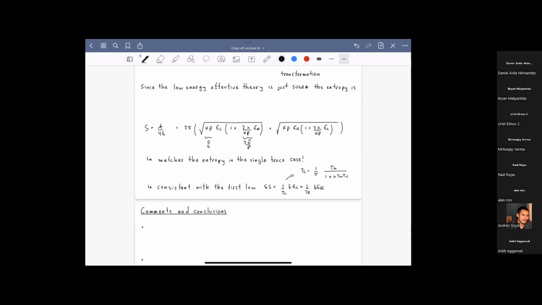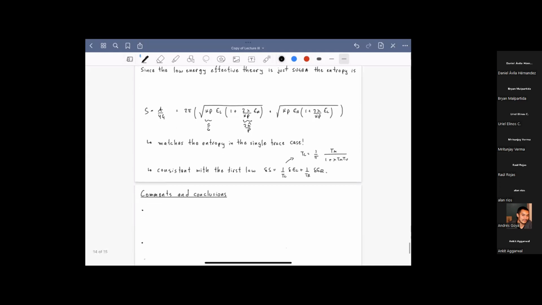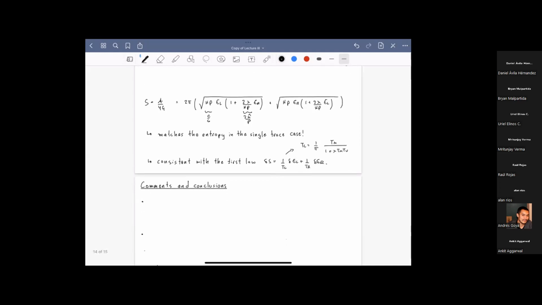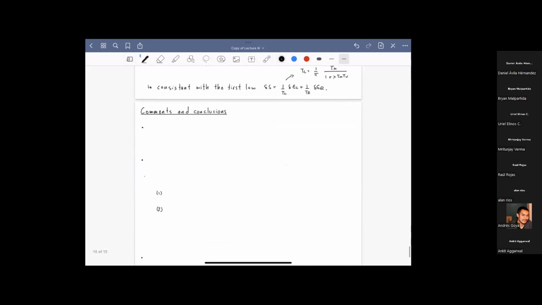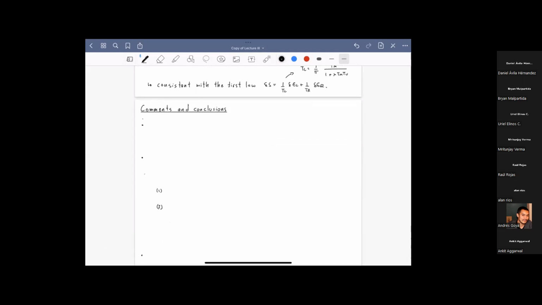Okay, so let me now give you some additional comments and conclusions. The first comment is to stress that the matching of the spectrum with single trace TTbar is consistent with the fact that the long string sector of this theory of string theory in AdS3 is captured by a symmetric orbifold.